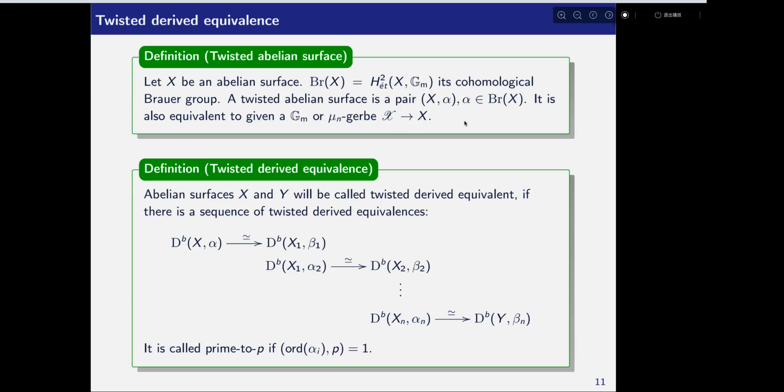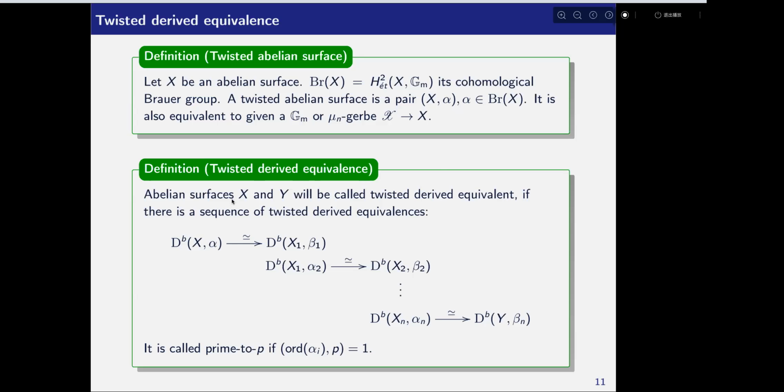So that's the standard definition for twisted varieties. Basically, you just choose some Brauer classes, or some classes in mu_n cohomology. And then we can define the twisted derived equivalences.